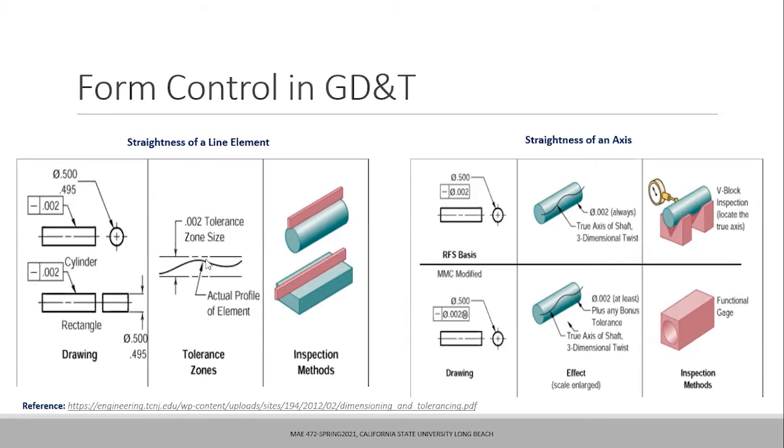If the deviation from that straightness is within the tolerance, then we are good. If not, then we are outside the tolerance. Does it make sense, guys?